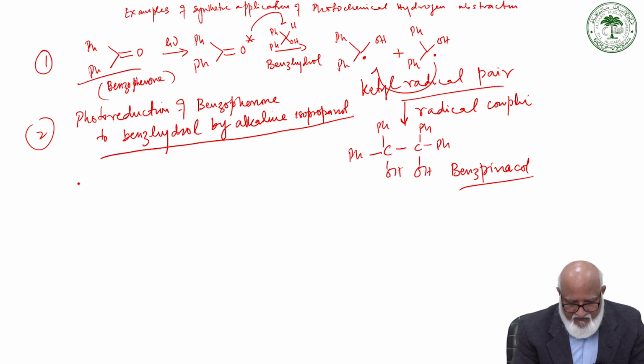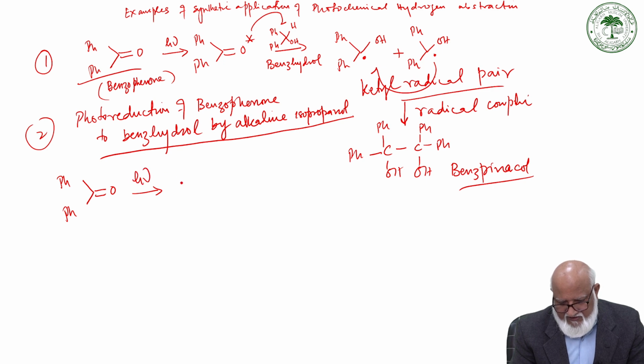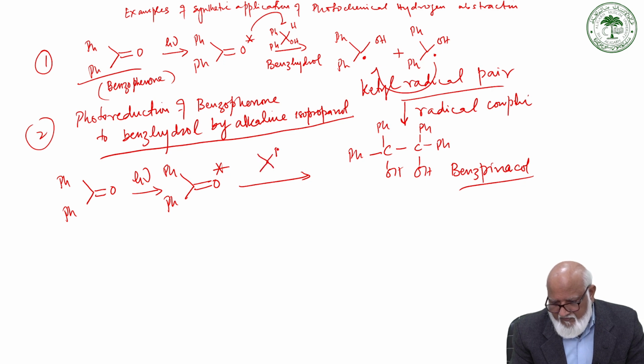And let us see, as usual, we have a benzophenone. This, in the presence of light, goes to an excited carbonyl. This excited carbonyl can abstract a hydrogen atom from isopropanol.